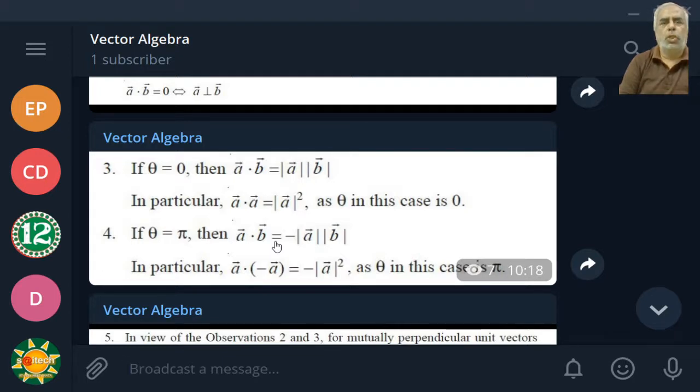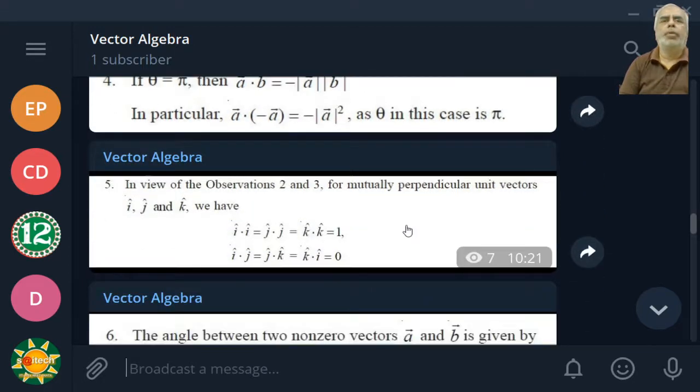So now it is minus the product of their magnitudes. And suppose vector A is equal to vector B and the angle is also pi, 180 degrees. Then it is minus modulus of vector A squared, that is minus A squared.